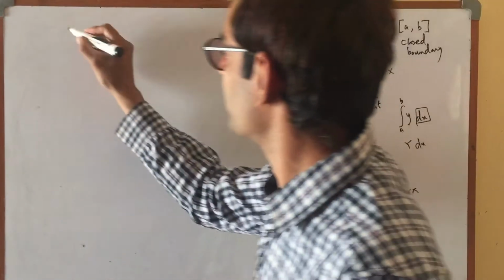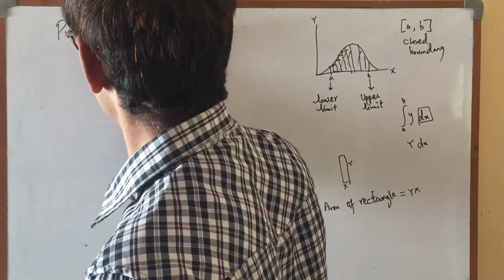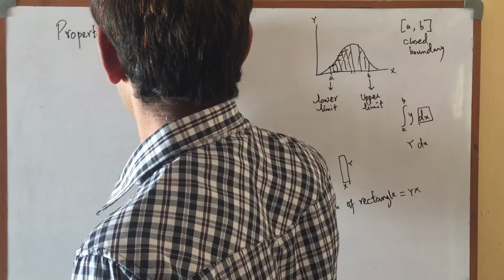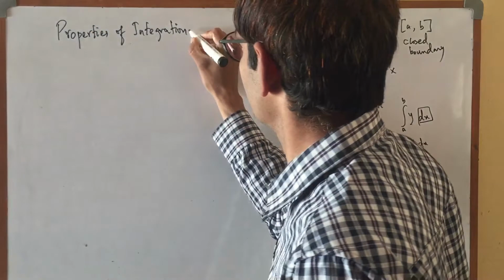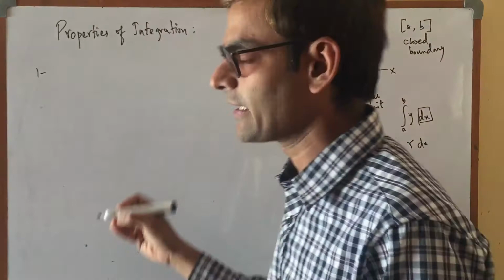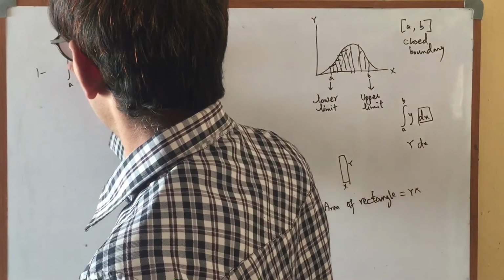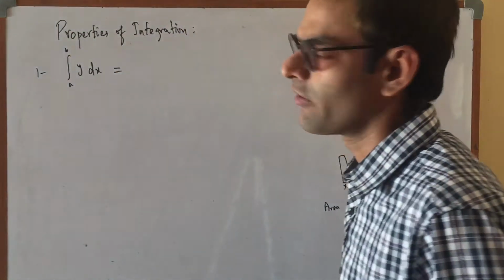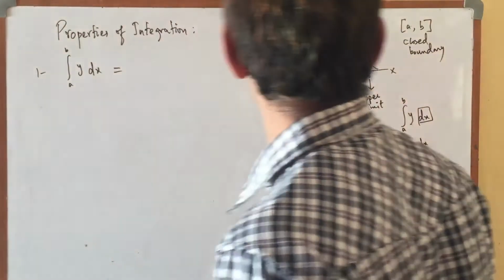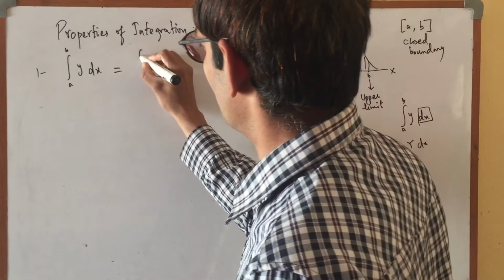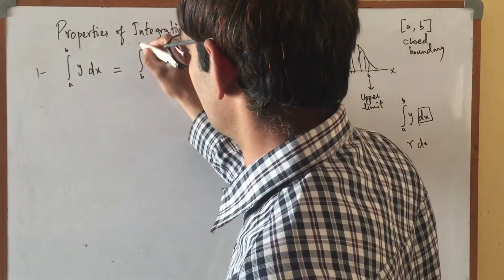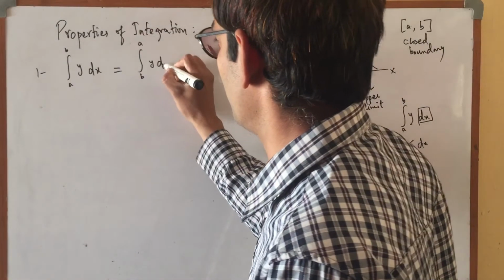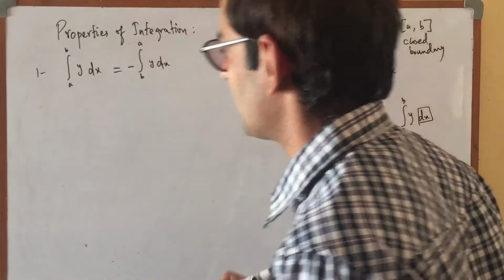The first property: if you have a lower limit, an upper limit, and y dx, and you want to change the order of the limits, so the upper limit becomes the lower limit and the lower limit becomes the upper limit, you have to add a negative sign here.